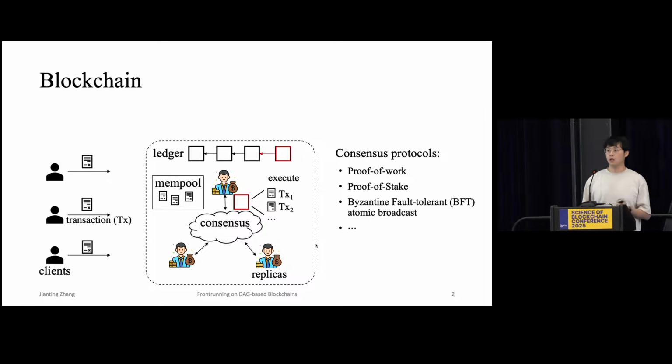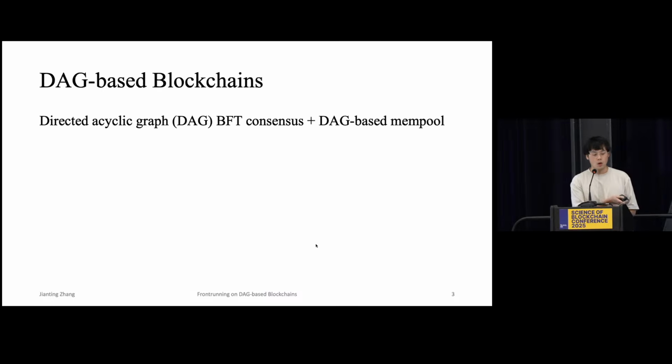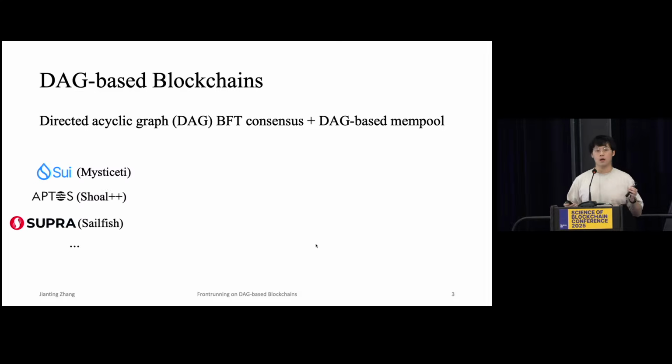There are a lot of blockchains nowadays, and in this presentation we will focus on DAG-based blockchains, which use a new consensus protocol and a new memory pool. A representative DAG-based blockchain is Sui, which has been deployed in production. At the same time, many other blockchain companies, such as Aptos and Supra, are developing their own DAG-based consensus protocols.